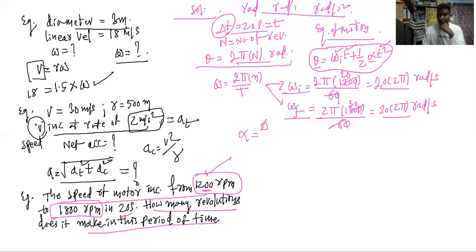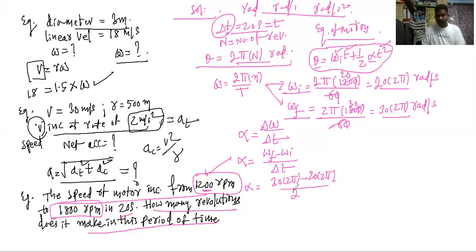So alpha is equal to delta omega by delta t. What is delta omega here? Change of omega, omega f minus omega I by delta t. So what is omega f? Omega f is 30 into 2 pi minus omega I is 20 into 2 pi divided by 20 seconds.